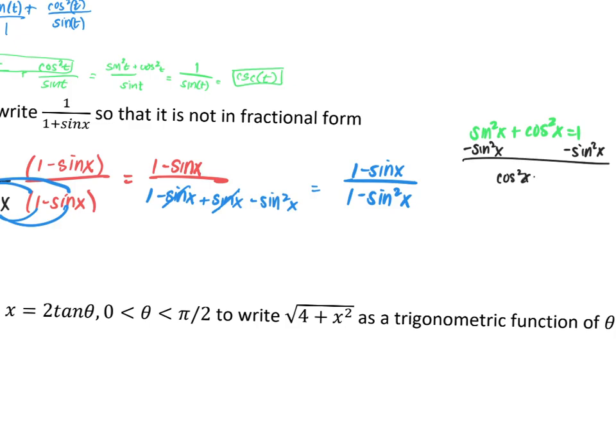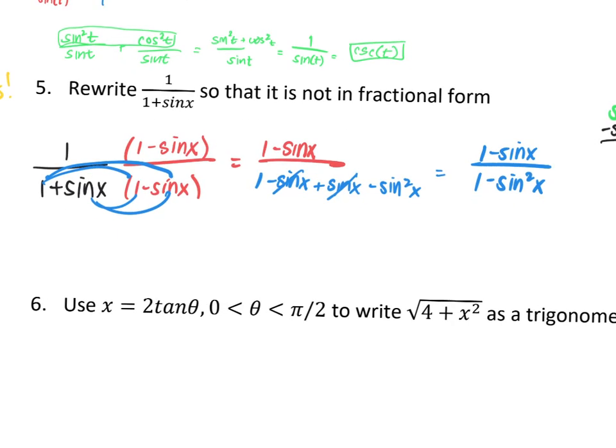And we get cosine squared equals 1 minus sine squared theta, or x. So instead of writing 1 minus sine squared x, I can rewrite it as cosine squared x. I'm going to do that down here. The numerator is still the same, but the denominator is cosine squared x. Okay.